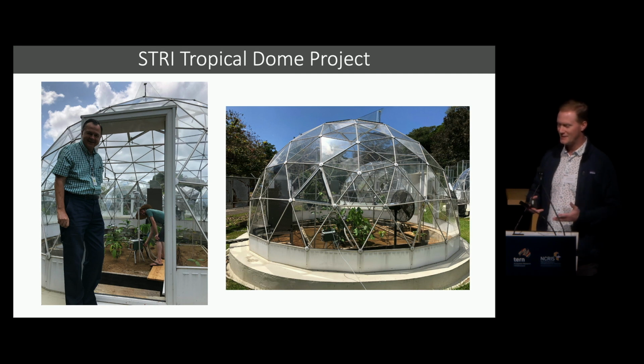He has this nice setup with 9 geodesic domes, glass domes, and so we can have a nicely replicated experiment. We have half the chambers with elevated CO2, 2 times the ambient concentration, so 800 parts per million, and half with 400 parts per million. And I was also joined in this by Martijn Slot, who you can see making measurements inside the chamber there.